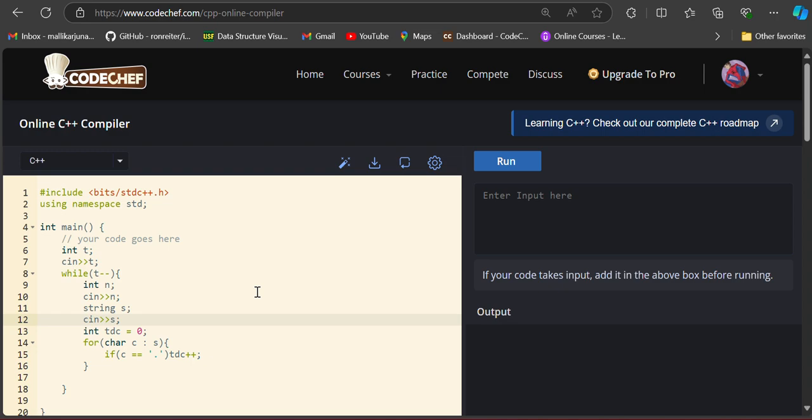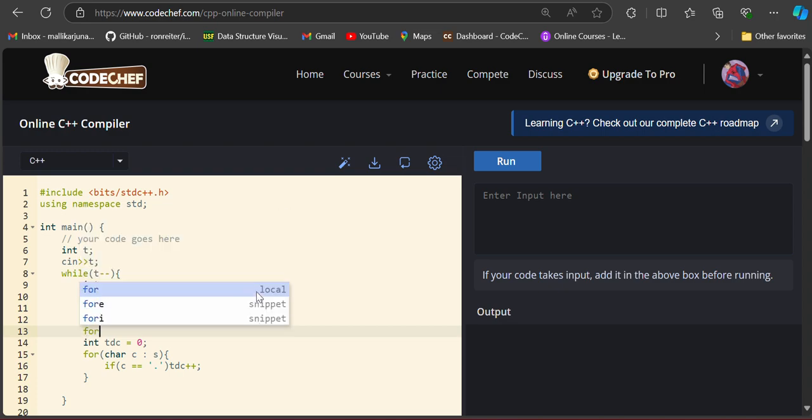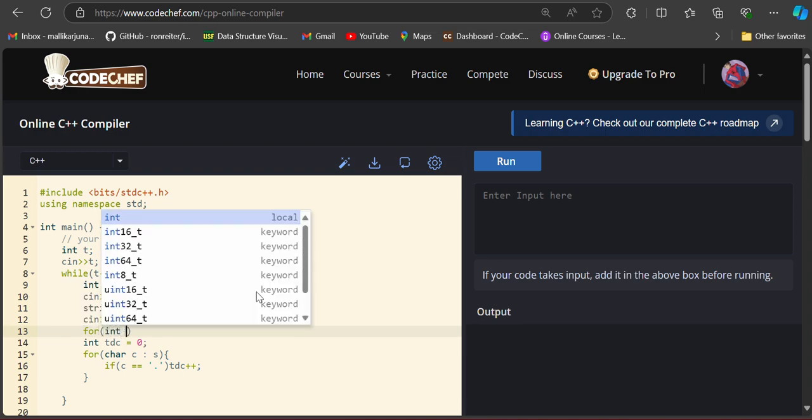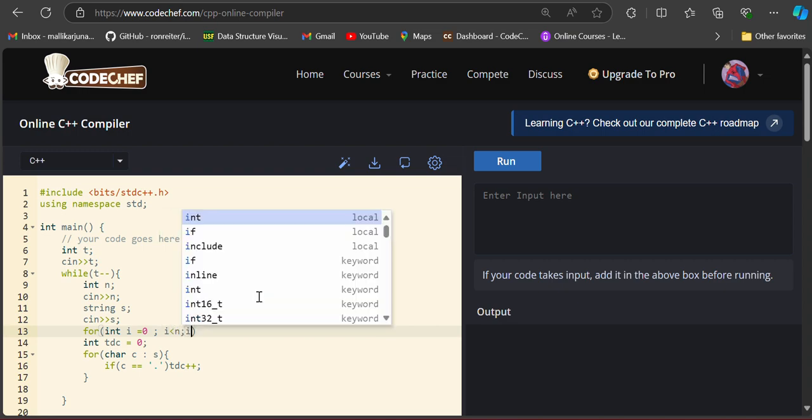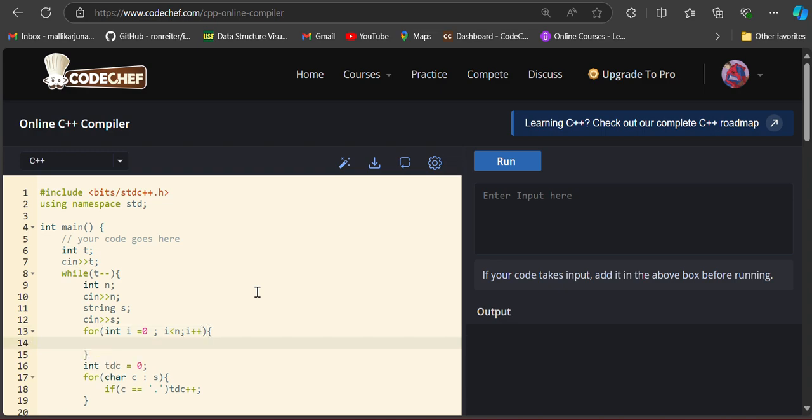I think firstly it's better to find whether the three consecutive blocks are present or not, right? So for that we have to iterate over the string, i plus plus. Okay, so now we have to iterate over this. So the first three are consecutive blocks.